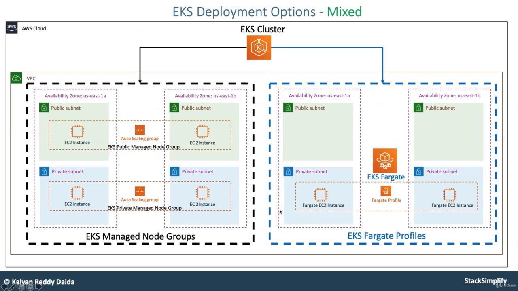Moving on, how does the mixed mode deployment look? In mixed mode, you will have EC2 instances in private and public subnets, and you can create your public and private managed node groups there. For Fargate, you definitely need to create your EKS Fargate profiles in your private subnets.